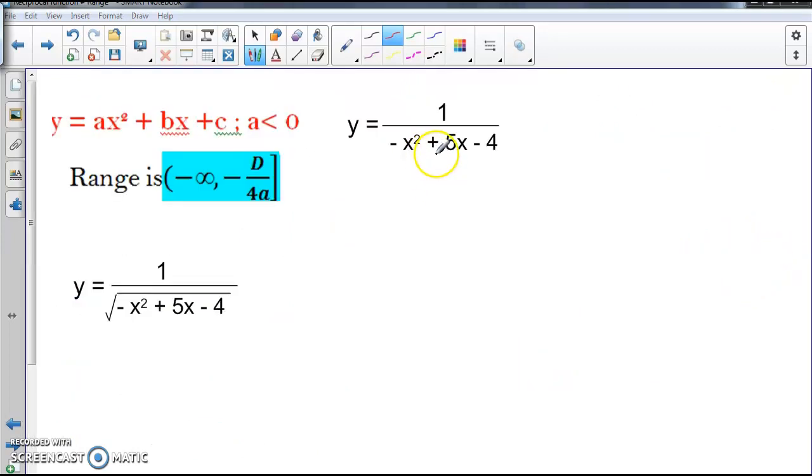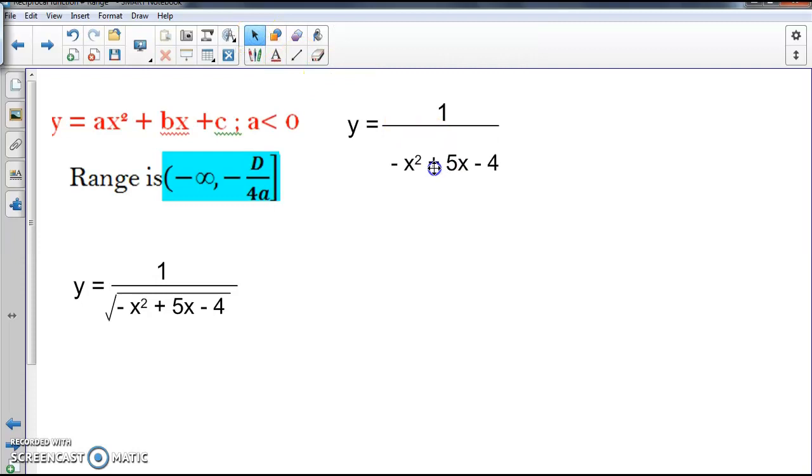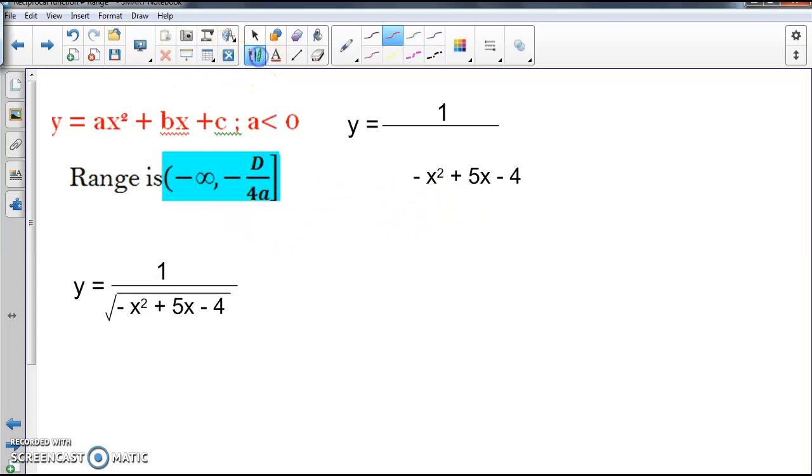Next is y is equal to 1 upon minus x square plus 5x minus 4. Here the coefficient of x square is negative, so the range of these functions is from minus infinity to minus d by 4a.